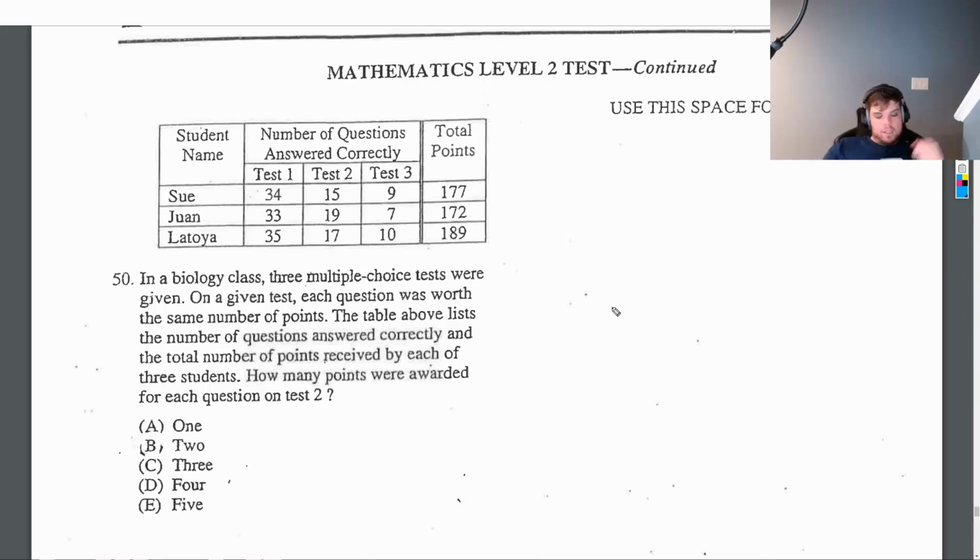Interesting. It's off by 4. What does that mean? Oh.